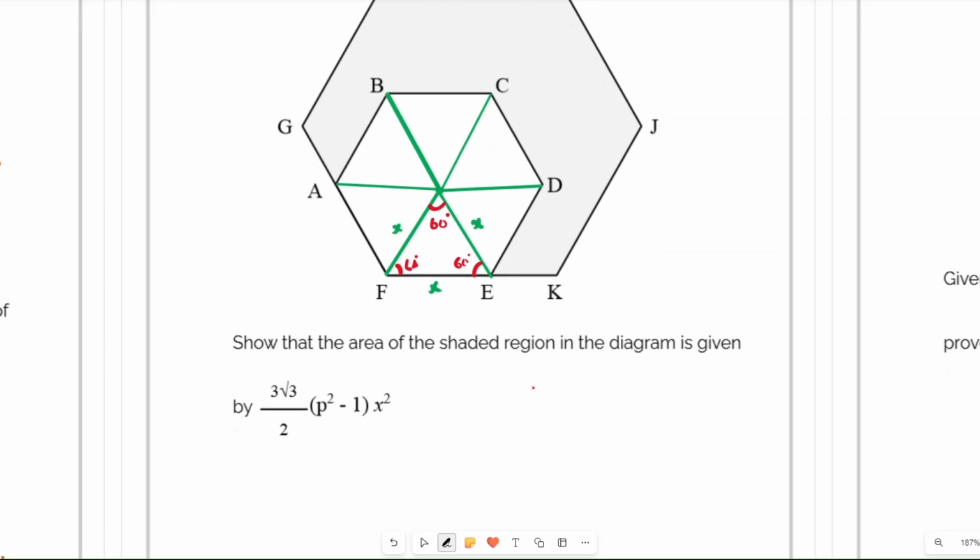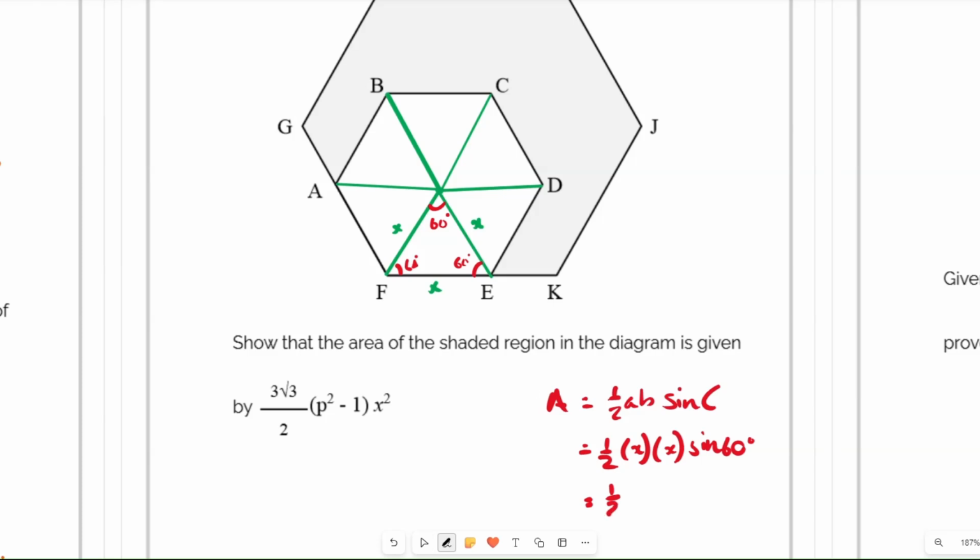So the area equals half AB sine C. So half, what is our A value? Literally doesn't matter, it's all the same. Half times x, and our B value is also going to be x. And then sine C, all the angles are 60 degrees, so it's going to be sine 60. What is sine 60? That's going to be root 3 over 2.